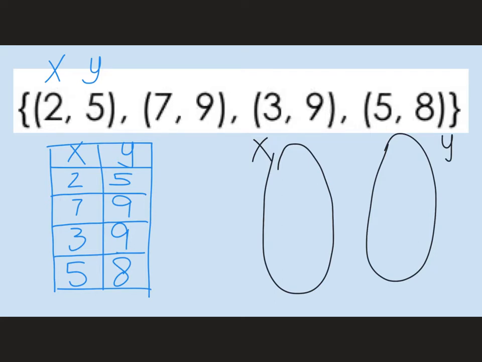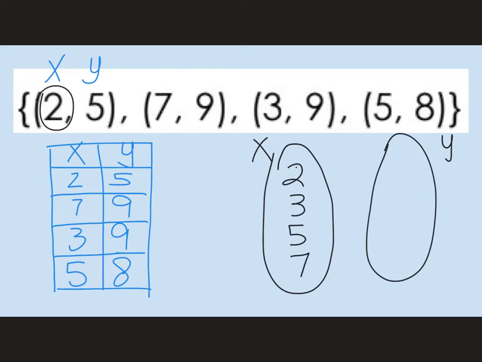So somebody tell me, what is the least X value that we have here? What is it? 2. All right, so we start with 2. What's after 2? 3, okay, and then 5, and last, 7, right?